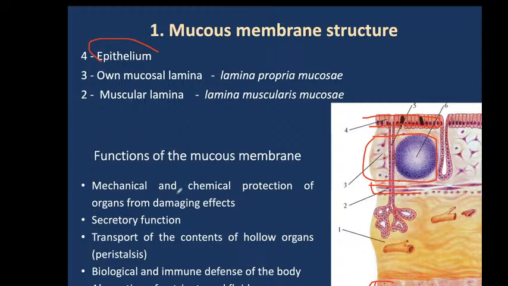What is the function of mucous membrane? Usually mucosa produces some secret. This is digestive ferments. It also gives us a mechanical and chemical protection from the agents that come with the foods or drinks.